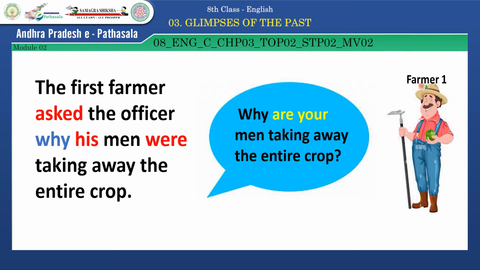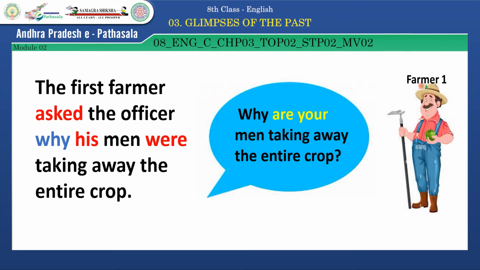And in direct speech, it is given as your. So your men changed into his men. And then as it is a question form, again we are writing the question word why here, and then the simple present tense is changed into simple past tense.